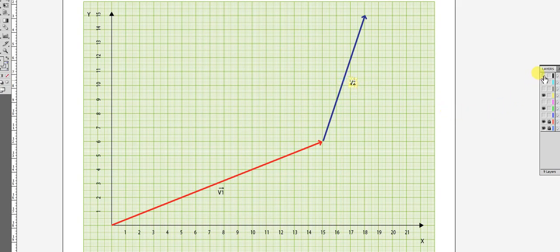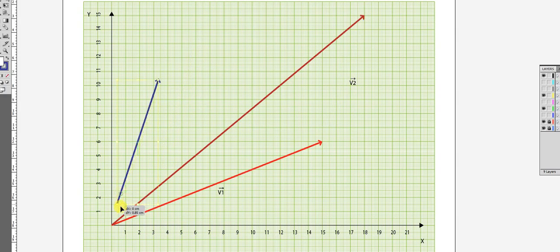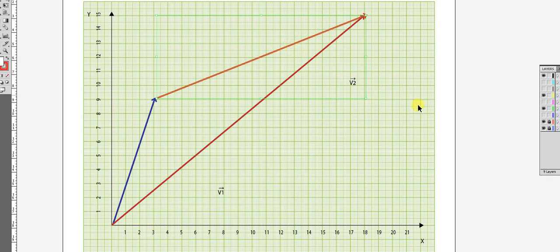And then the sum is from the first tail to the last head. So I can bring v2 to v1, or I can keep it as before, as original. And I can bring v1 tail to v2 head, and it will give me the same result.